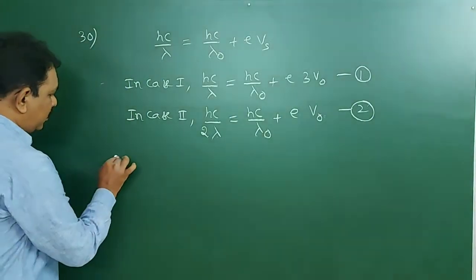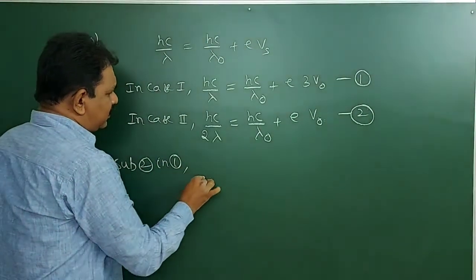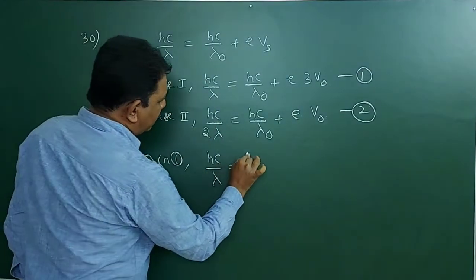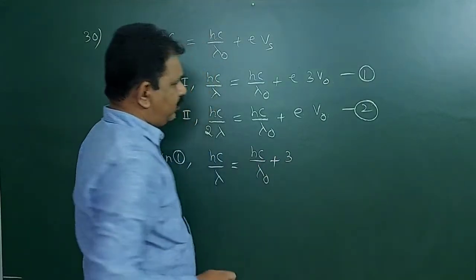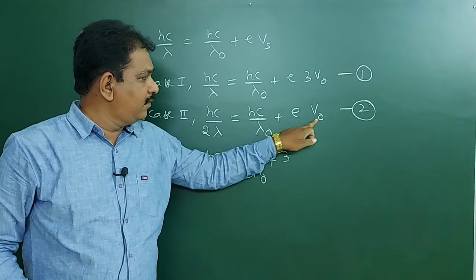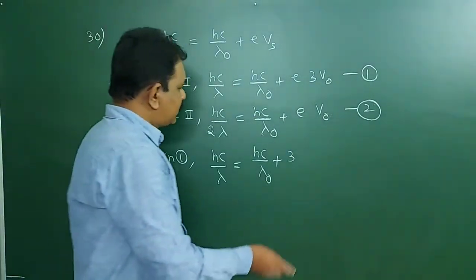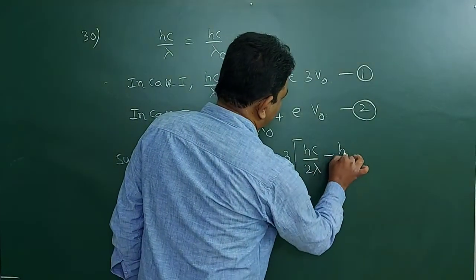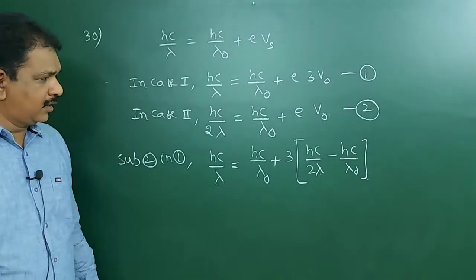Substituting 2 in 1, we get hc by lambda as it is equals hc by lambda naught plus 3 into eV0, where eV0 is hc by 2 lambda minus hc by lambda naught.